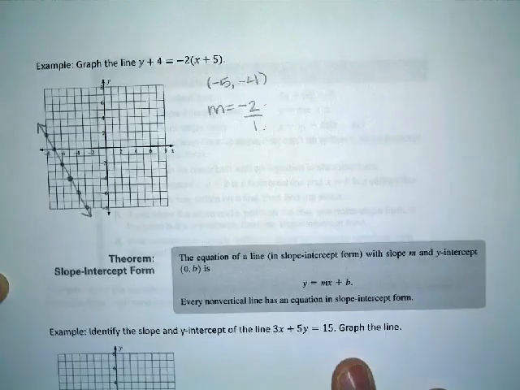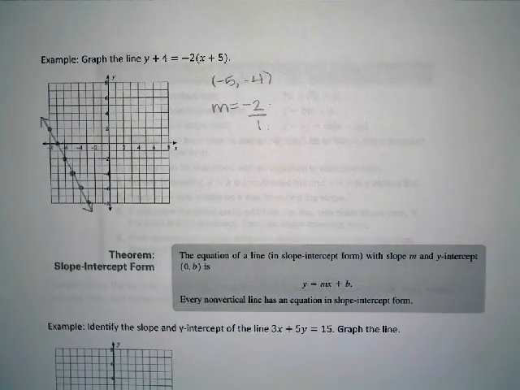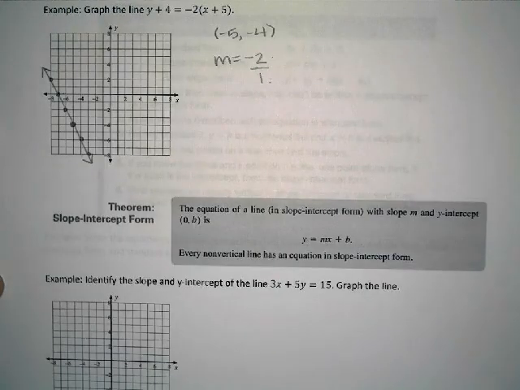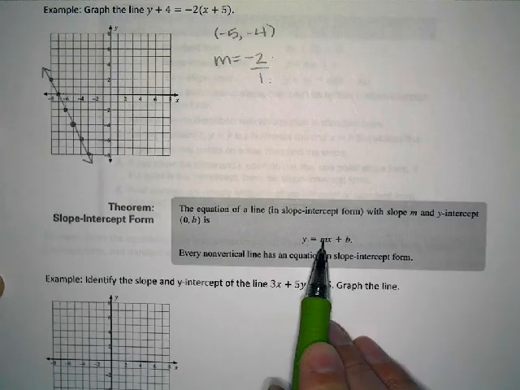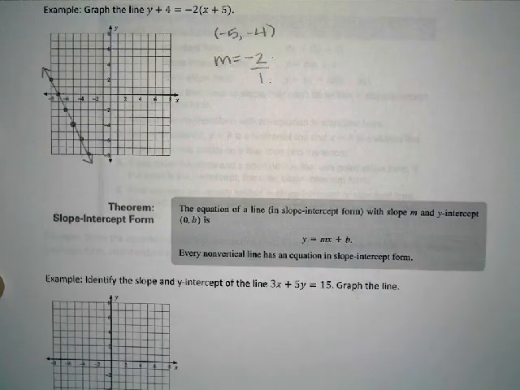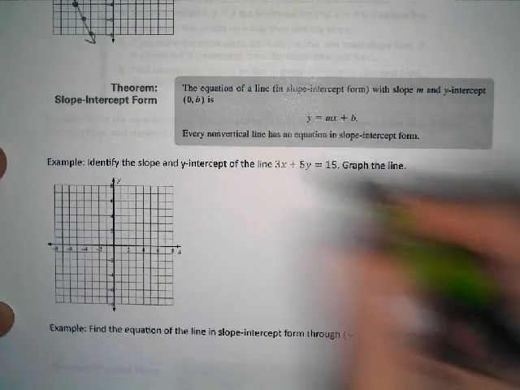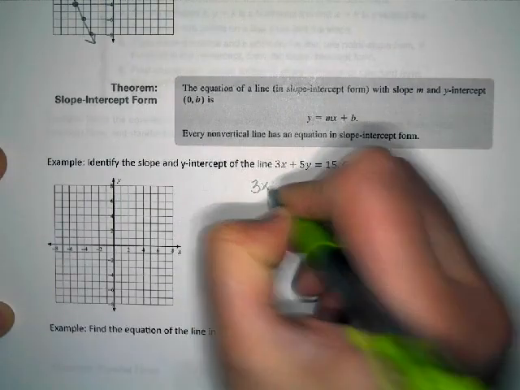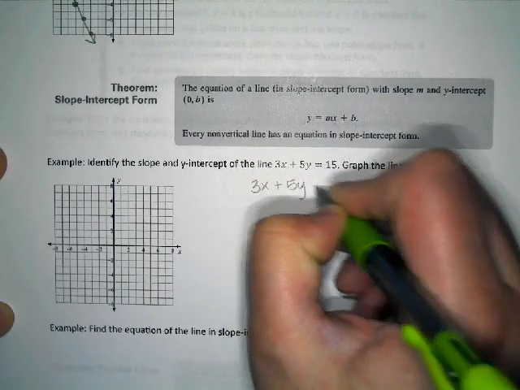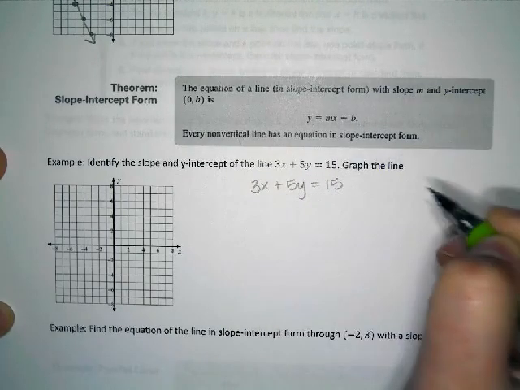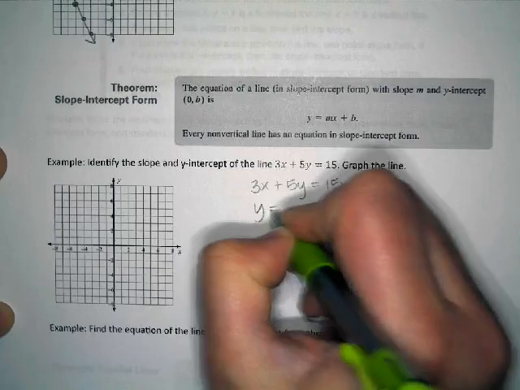Okay. Now we're going to actually review slope-intercept form. So y equals mx plus b, where the m is your slope and the b is your y-intercept. So we've got 3x plus 5y equals 15. And we're going to get it into y equals mx plus b form.